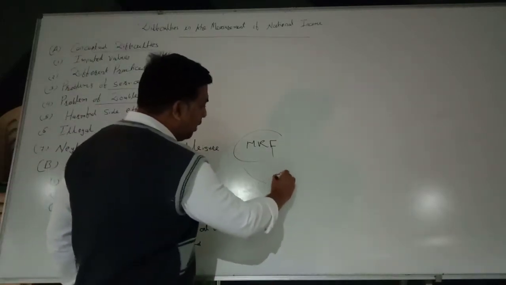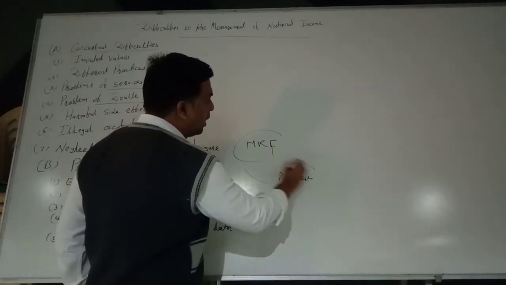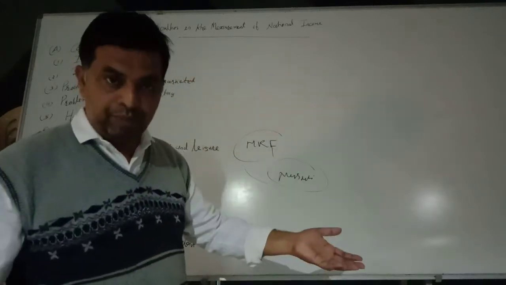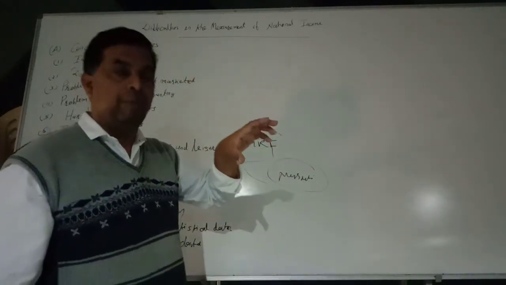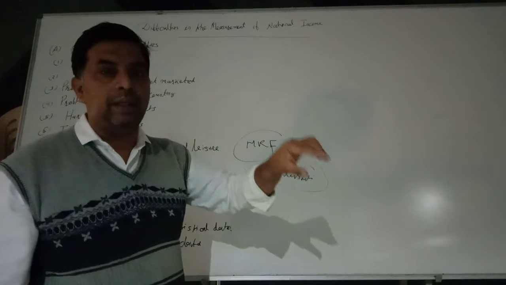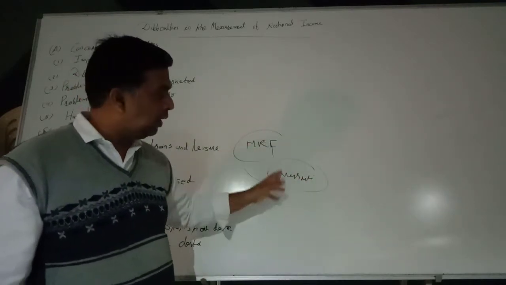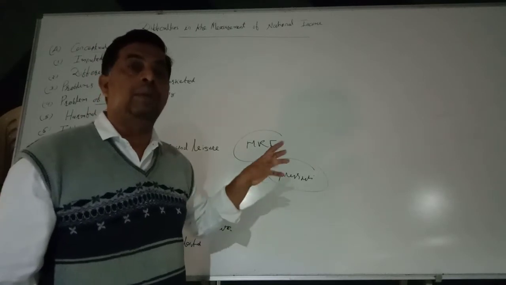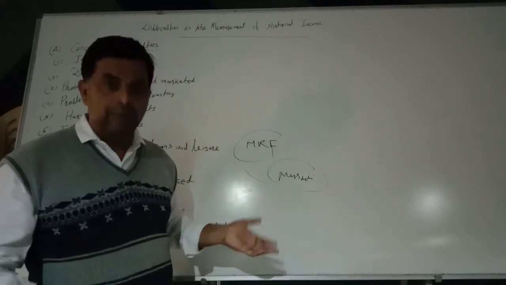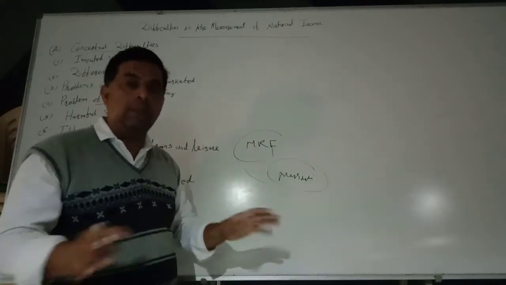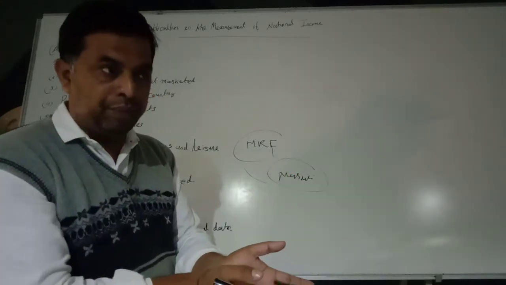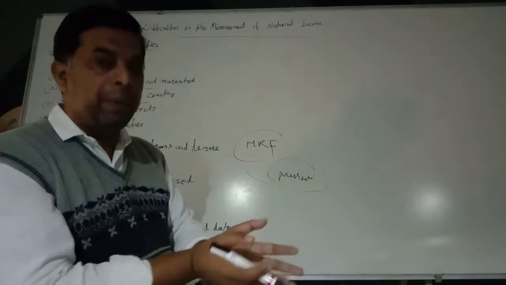Getting my point? But for Maruti company, what is it? It is considered as input. Okay, so when you are collecting data from MRF company, you should include it. But when you are collecting data from Maruti company, you should not include it. Getting my point? So it is very difficult to decide. For example, wheat flour is used to prepare roti at home.